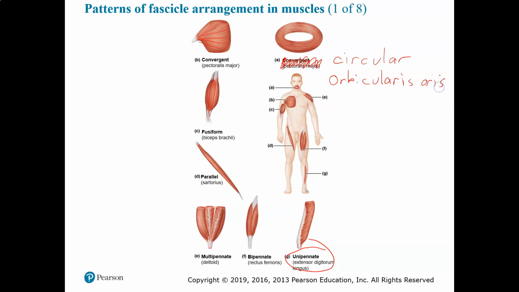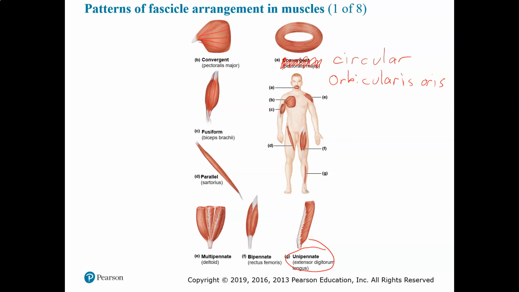Okay. And then B is a convergent, the pectoralis major. C is the biceps brachii, which is a fusiform. E is a bipinnate. That means that it's pinnate on 2 sides. So on the anterior and posterior side of the shoulder, you have the pinnate arrangement.